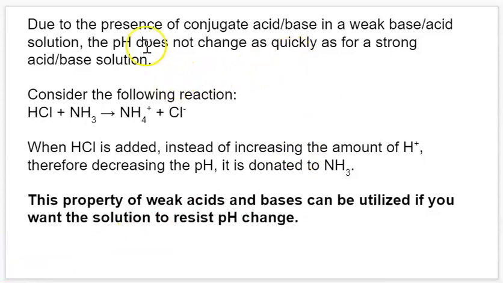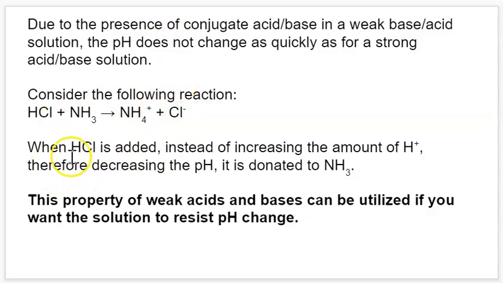All right, so due to the presence of conjugate acid or base in a weak acid or base solution, we'll note that the pH will not change as quickly as it would for a strong acid or strong base solution. And the reason for that is because of conjugates. So if we consider the following reaction of hydrochloric acid reacting with ammonia, like the last problem, that will make ammonium and chloride ions.